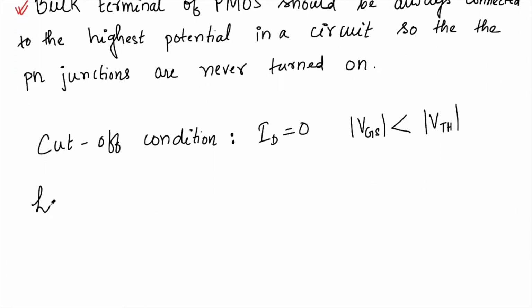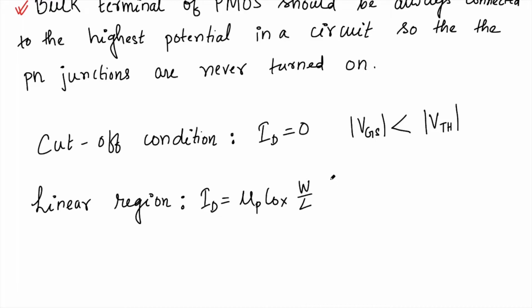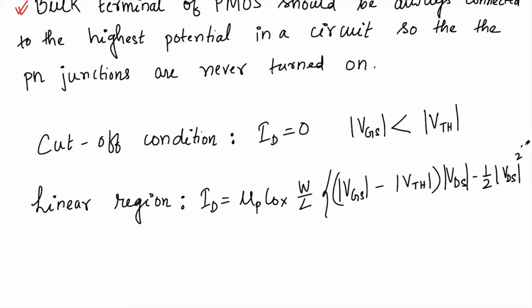So, linear region, again the equations are the same. Only the difference is that μp CMOS W by L, and here (|VGS| - |VTH|) into |VDS| minus half VDS whole square.